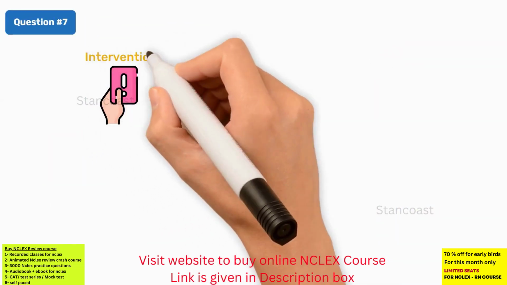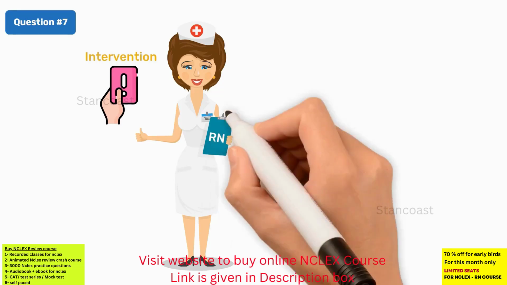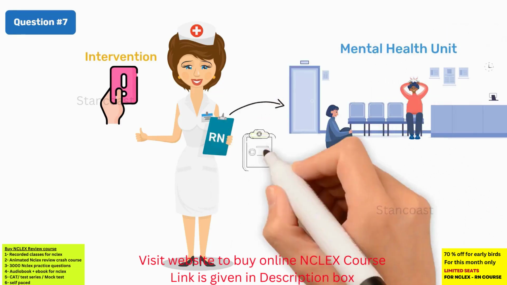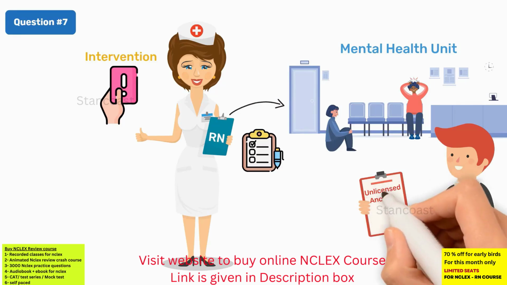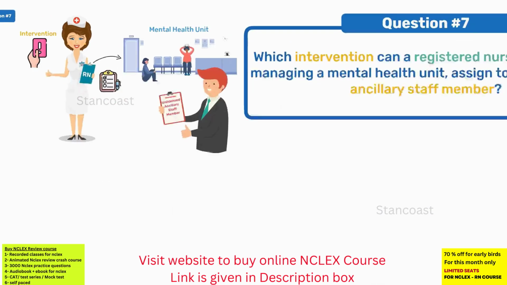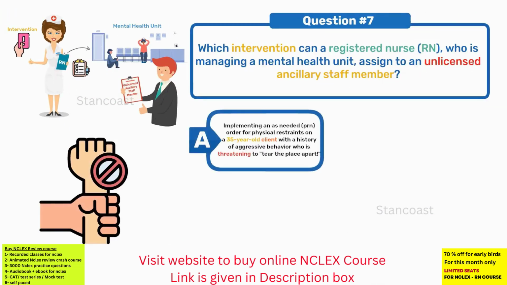Which intervention can a registered nurse, RN, who is managing a mental health unit assign to an unlicensed ancillary staff member? A. Implementing an as-needed PRN order for physical restraints on a 35-year-old client with a history of aggressive behavior who is threatening to tear the place apart.